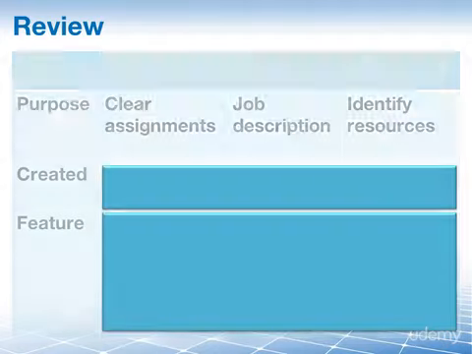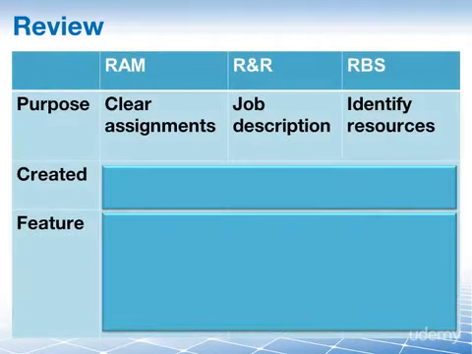presentation. So let's review, and let's review here in a table form, beginning with the purpose of these 3 documents. In regards to the purpose, the responsibility assignment matrix allows you to give clear assignments to the people on your project. The roles and responsibilities documents are typically text-based documents that have a job description for each and everyone on the project.